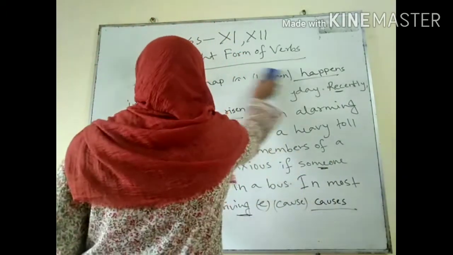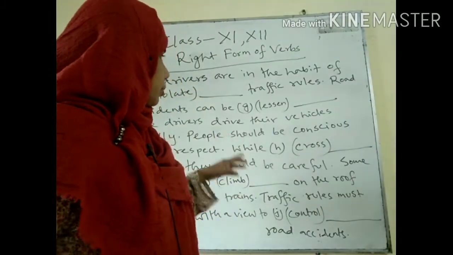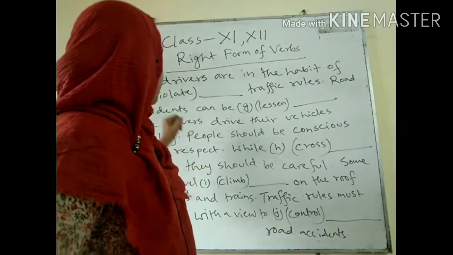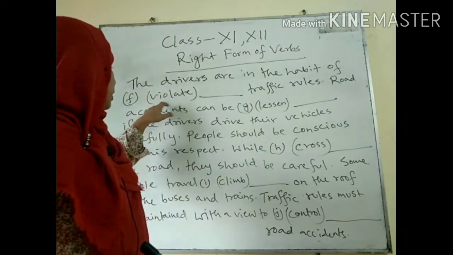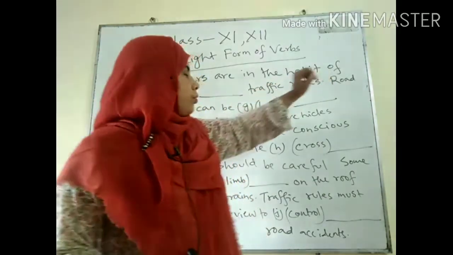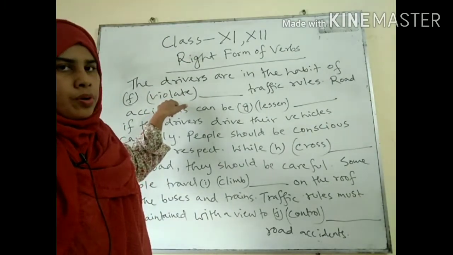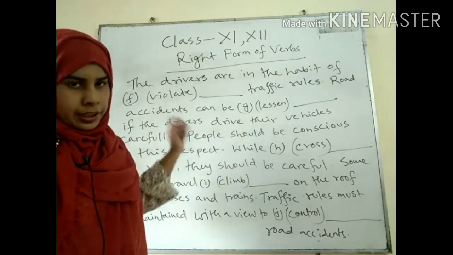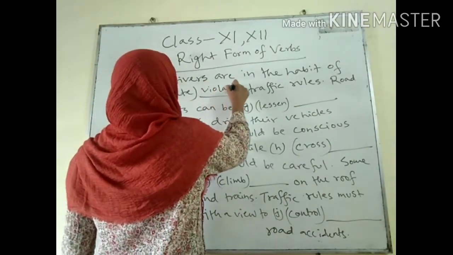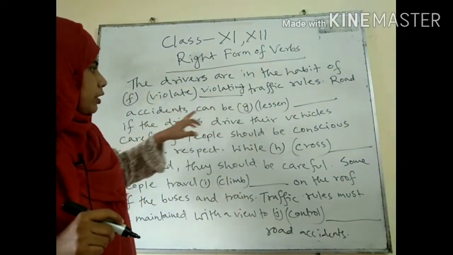Then the remaining one, the remaining part of this board: the drivers are in the habit of violate. We have the preposition of before the verb, and if we have the preposition of before the verb, we add ing with the verb. So, it will be violating. The drivers are in the habit of violating traffic rules.